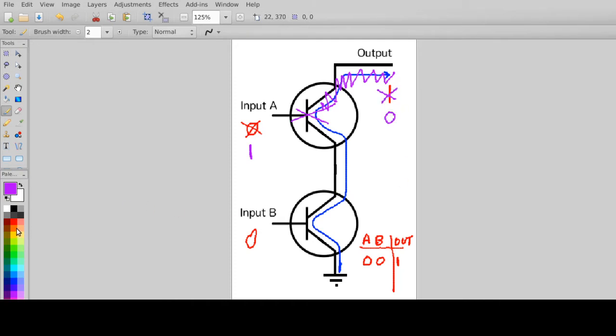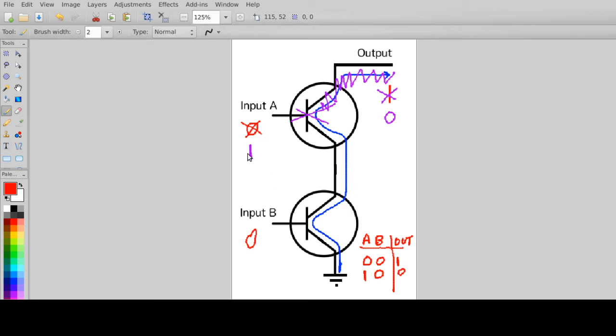Okay, so in this case, A is a 1, so I'm going to write that into my little table here. B is a 0, but it was sufficient for me to squeeze the hose shut at input A to get a 0 out like that. At this point you should realize that if you apply a 1 to either A or B, because it doesn't matter which one, you're going to cut off the flow.